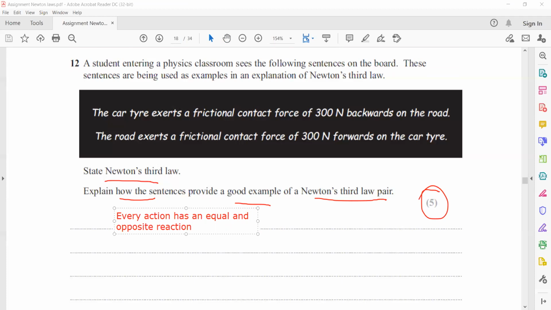And according to Newton's third law, the forces should act on different bodies. So why is this example a good example? Because the forces should act on different bodies. So as you can see in this example, the forces act on the road and the tire.